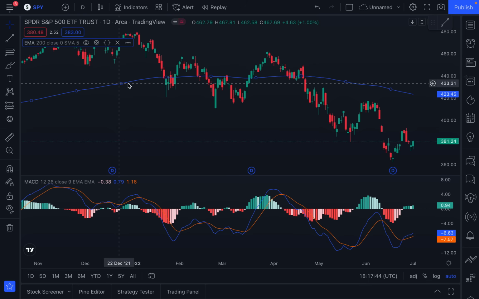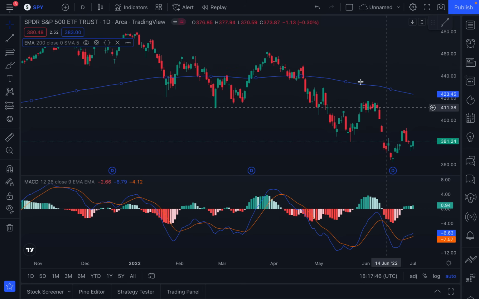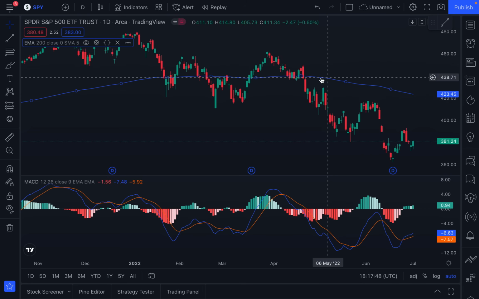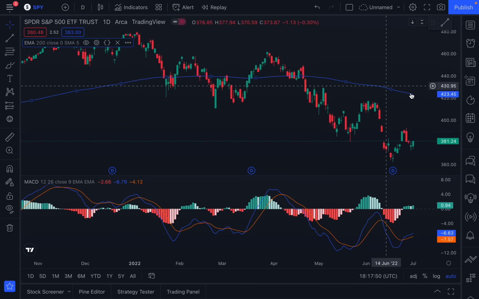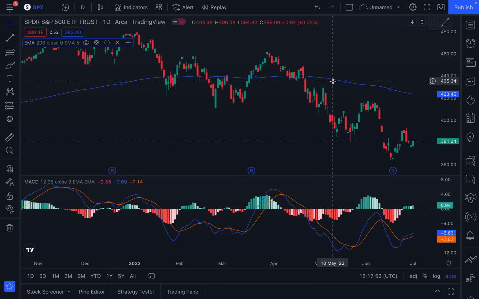On the other hand, when you see the price below the moving average and the moving average is starting to point downwards, that lets us know that we are in a downtrend. So during this period, you probably only want to enter short positions. You don't want to trade against the trend. It's just going to be too risky. So that's why we use this moving average to help us make better trading decisions along with the MACD.